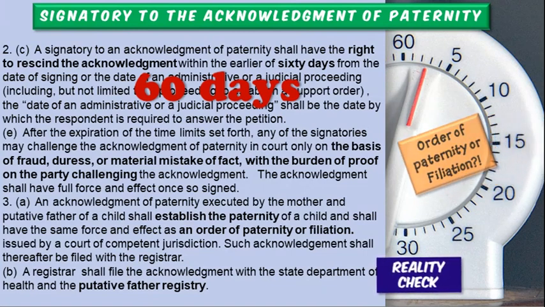Once the 60-day period has passed, you can now only challenge on the basis of fraud or material mistake. In this live webinar, we get into details of that to see the categories in which your particular case fits, as well as discuss the different options available under the burden of proof category.